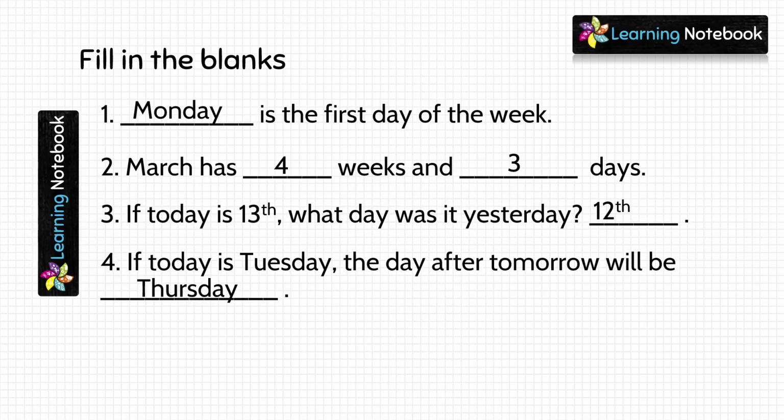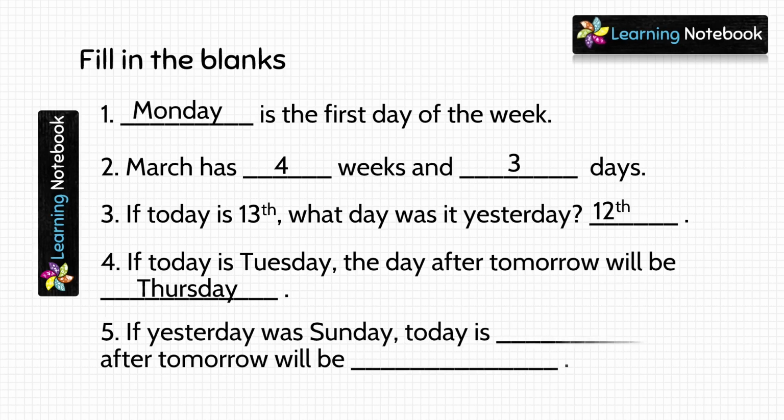So answer is Thursday. Now fifth question is, if yesterday was Sunday, today is dash and day after tomorrow will be dash. So here it is given yesterday, that is the day before was Sunday.